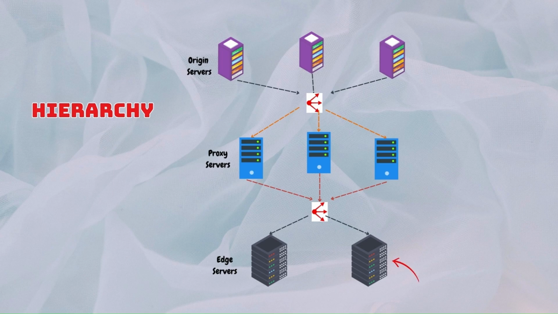These peer servers receive the data from parent nodes in the tree, which in turn receive data from the origin servers. The data distribution process involves copying content from the origin server to the proxy servers by traversing different paths within the tree structure. Each level of the hierarchy plays a role in propagating content downstream to the edge servers, ensuring efficient delivery to end users.